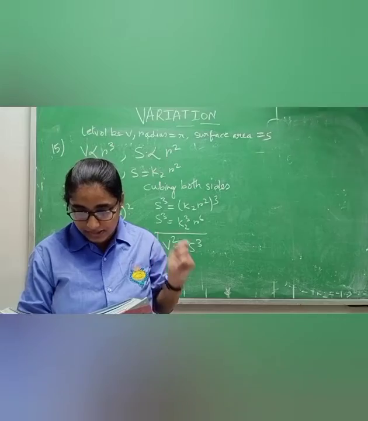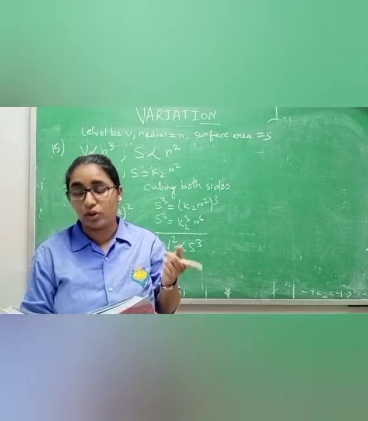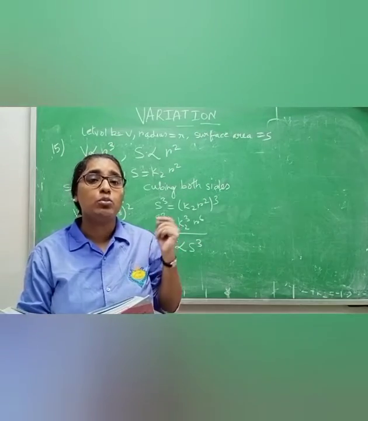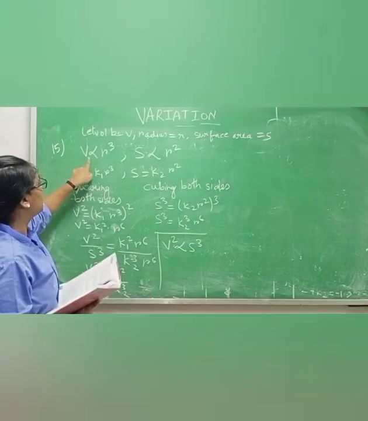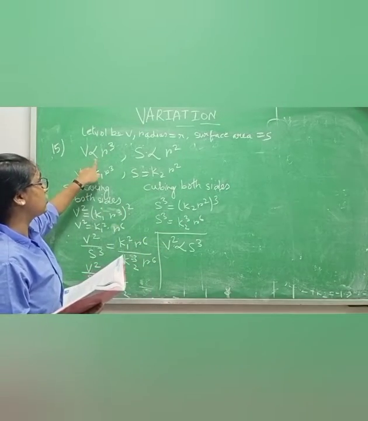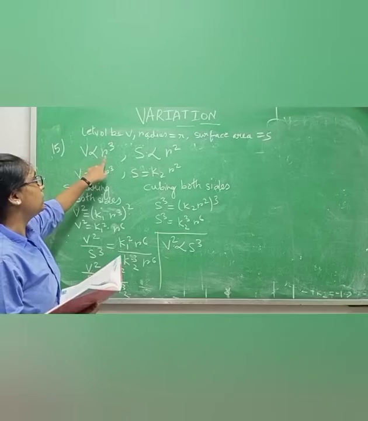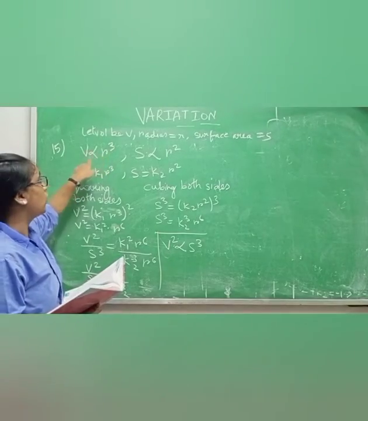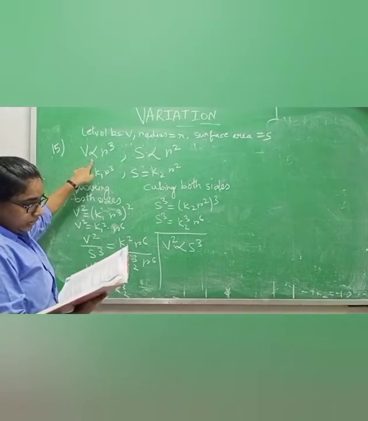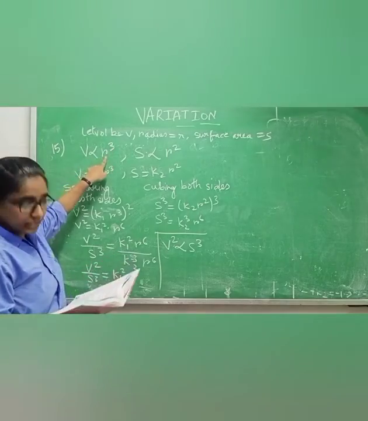Read again: volume of a sphere varies directly with cube of length of its radius. It means there is a direct relation between the volume of a sphere and the cube of its radius.